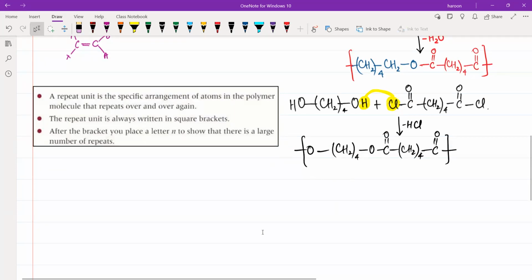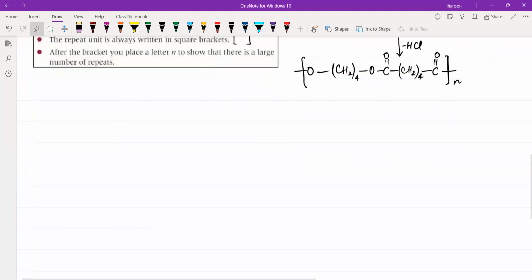That is why I'm writing these brackets. After the bracket, place the letter n to show that there is a large number of repeating units. Yes, n number of this and n number of this. All right.